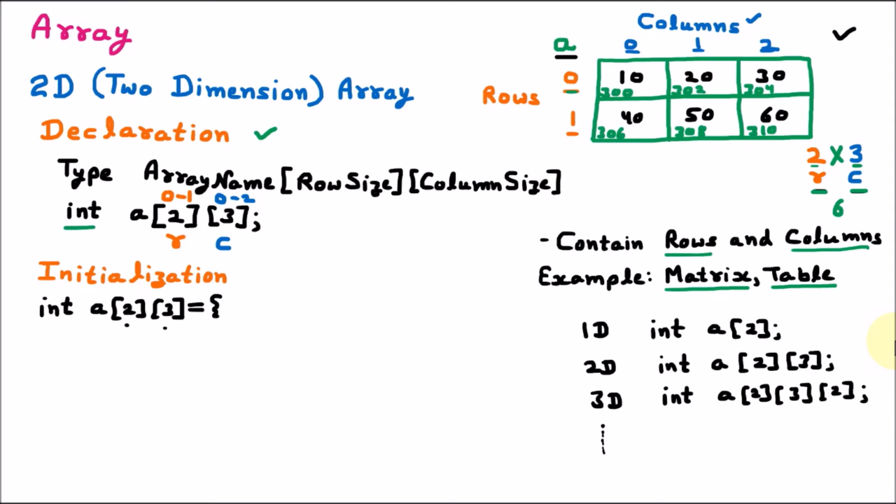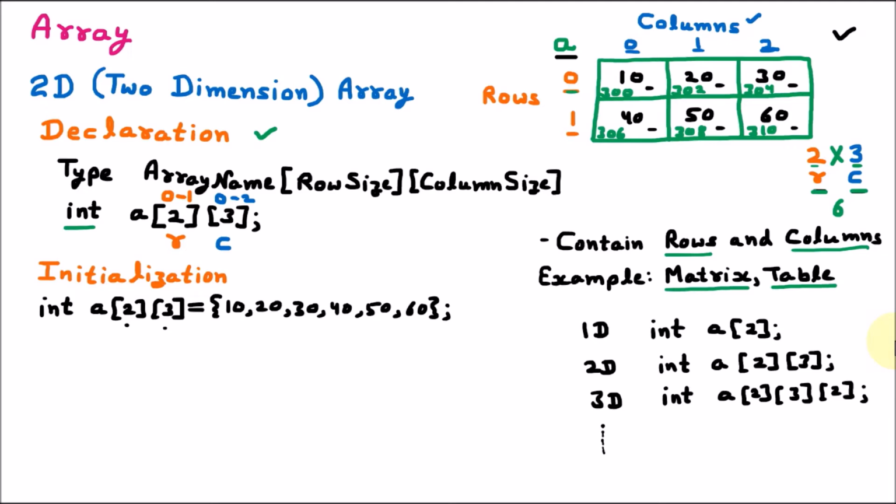So I am providing the 6 elements here: 10, 20, 30, 40, 50, 60. So this is called the initialization. By saying that, we provide the elements: 10, 20, 30, 40, 50 and 60. These 6 elements will be allocated, meaning initialized, to the array.